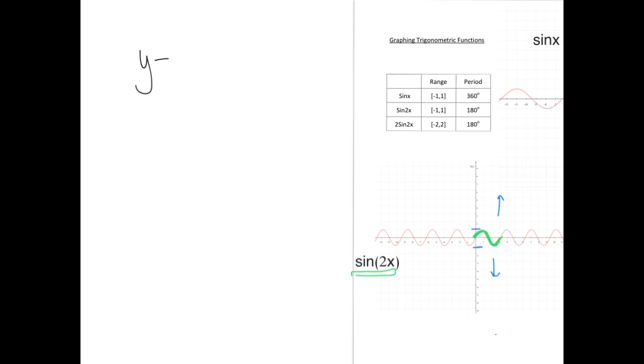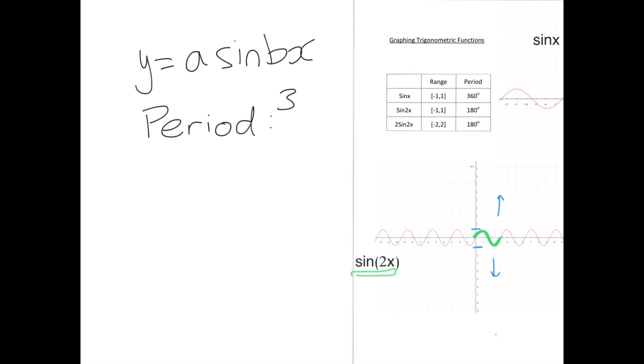So from these three graphs we can see two things: that if we have y equals a sine bx, our period is going to be 360 degrees divided by b.